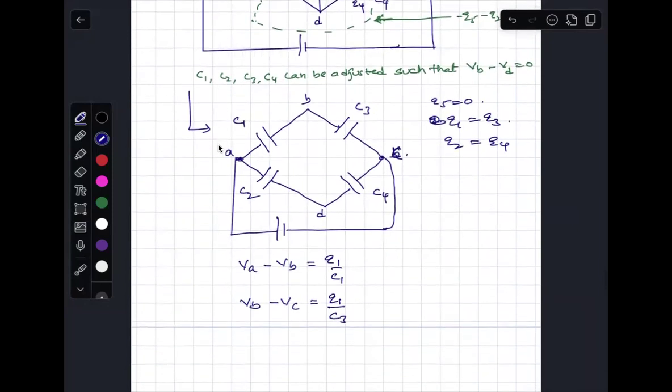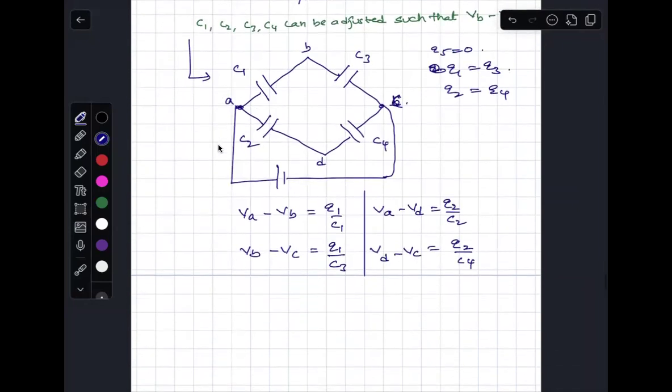Next. Similarly, VA minus VD is Q2 by C2. VD minus VC is Q2 by C4.